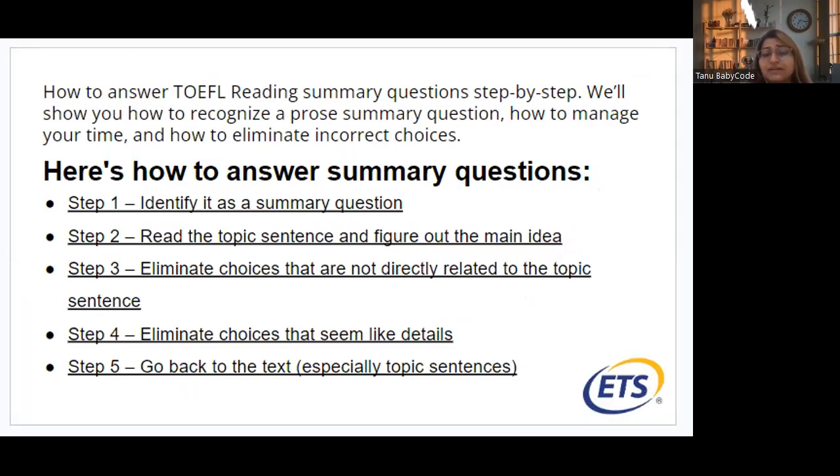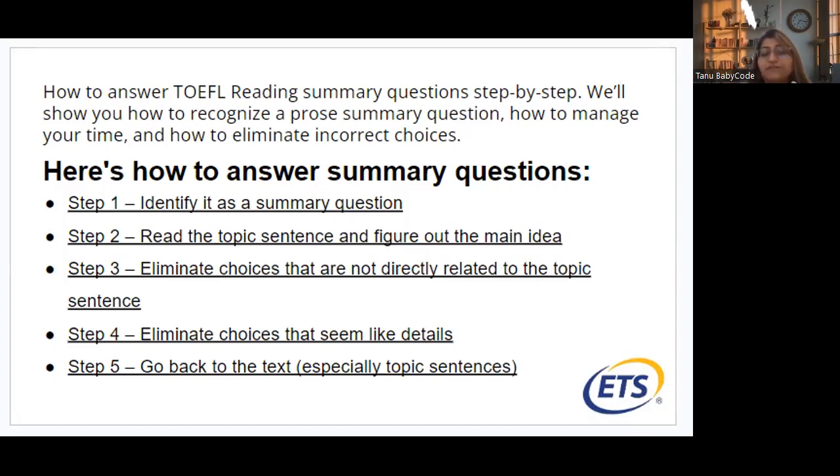Now, how are we going to answer these prose summary questions step by step? I'm going to help you recognize this type of question, manage your time, and eliminate the incorrect choices. We will be following 5 steps here. The very first step is to identify it as a summary question. Second is to read the topic sentence and figure out the main idea.